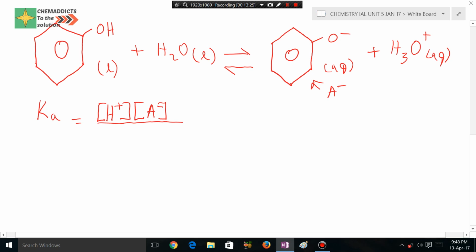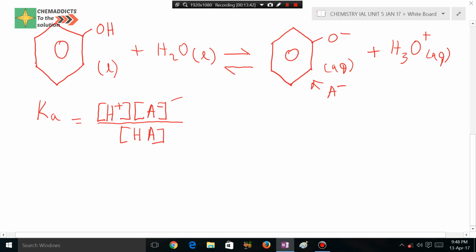Here we have the anion of the acid, and below we have the acid, which is phenol in this case.